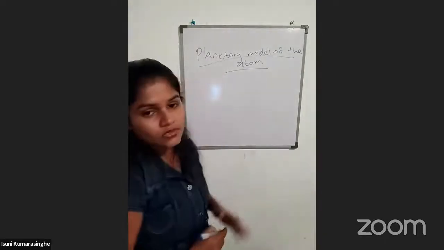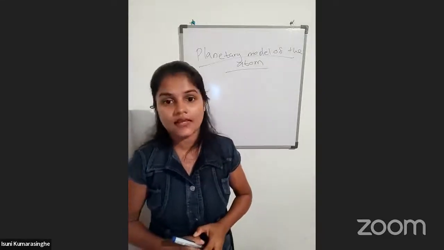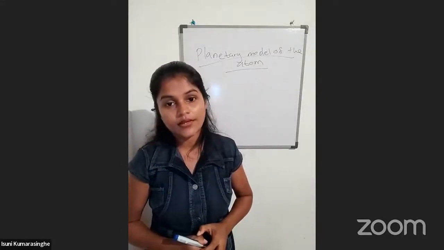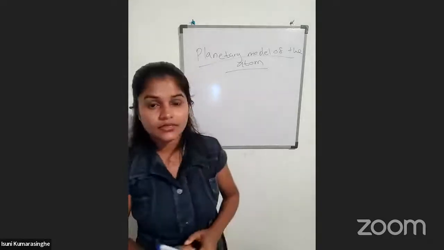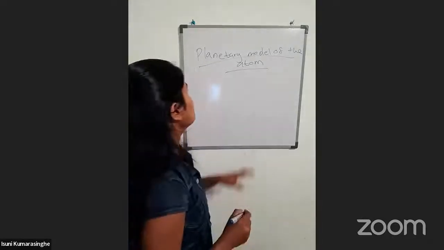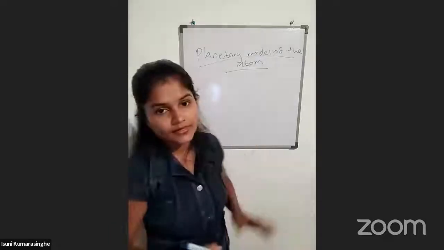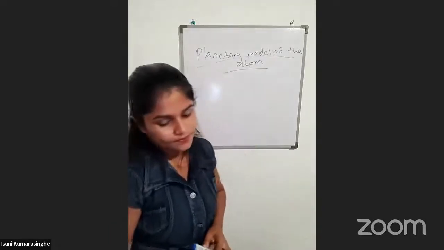You have to memorize the name of the scientist. Ernest Rutherford found out the planetary model of the atom.